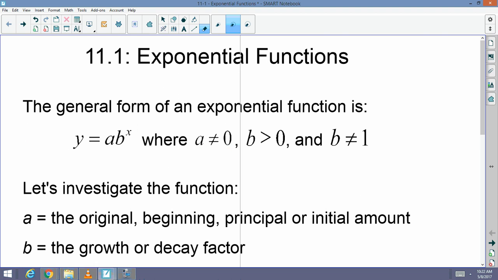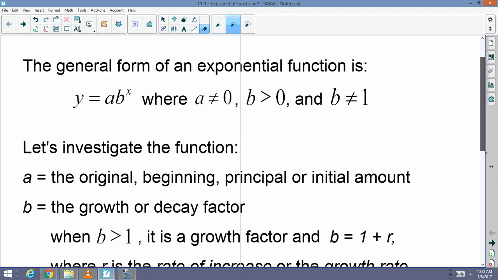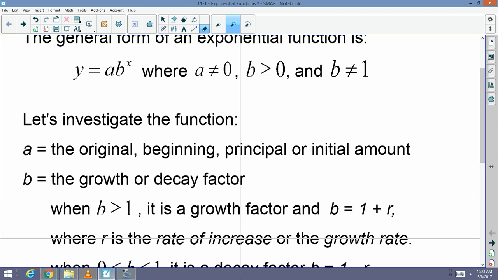The a is the original amount, the beginning. Sometimes it's called the principal. Sometimes it's called the initial amount. It's what you start with. If you guys have ever seen a movie on dinosaurs, like the Jurassic Park series, they use carbon dating. Well, carbon dating has to do with exponents and the amount of carbon that is left inside of a fossil.